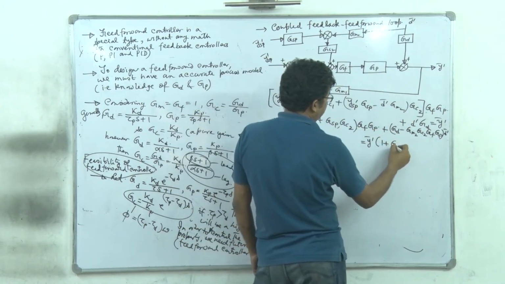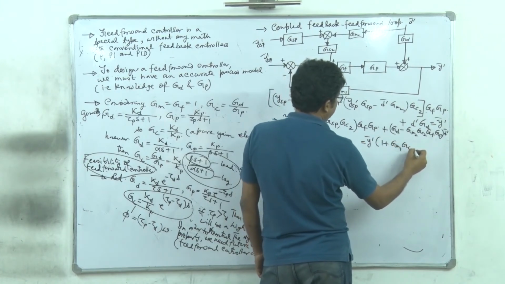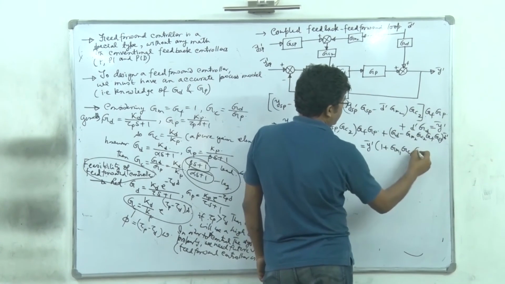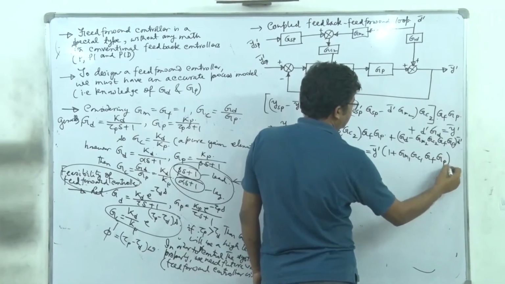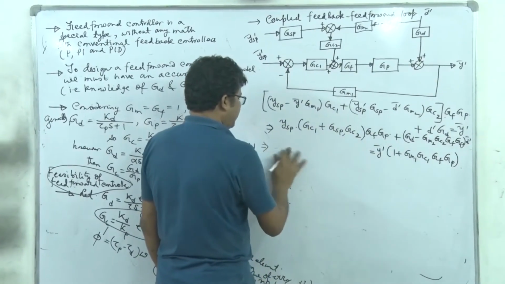So 1 plus GM1 GC1 GF into GP. So what is the final function?